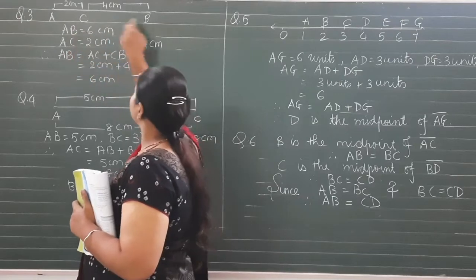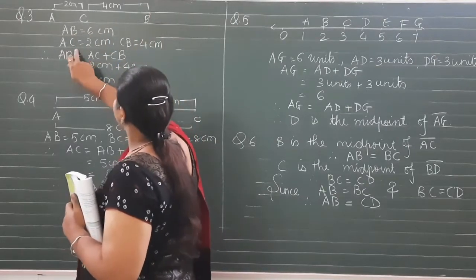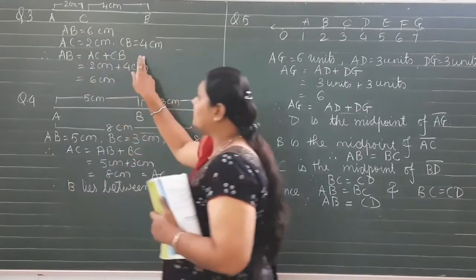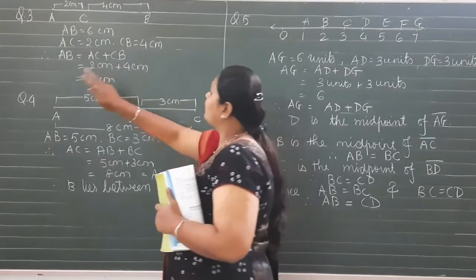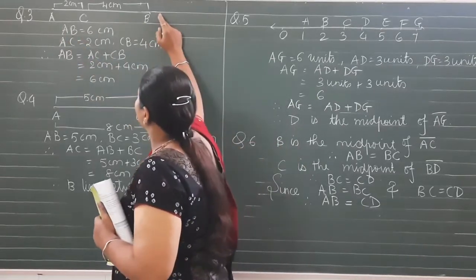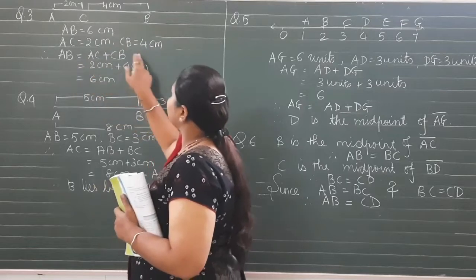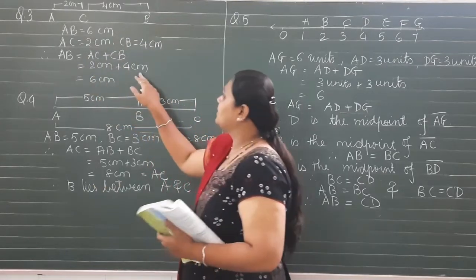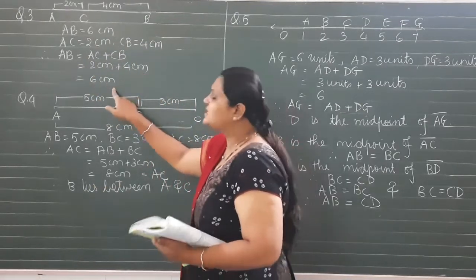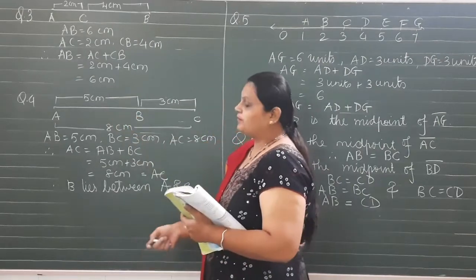Now AB equals 6 cm, AC 2 cm, CB 4 cm. Therefore, if I want to measure whole AB equals AC plus CB. 2 cm plus 4 cm equals 6 cm.